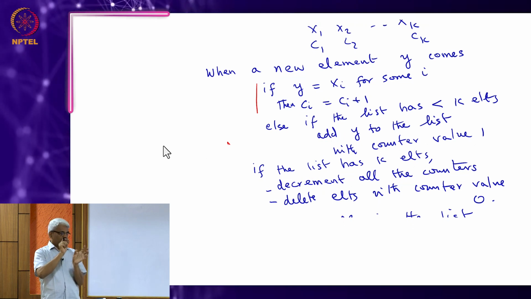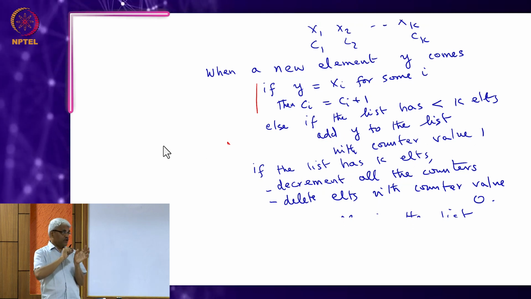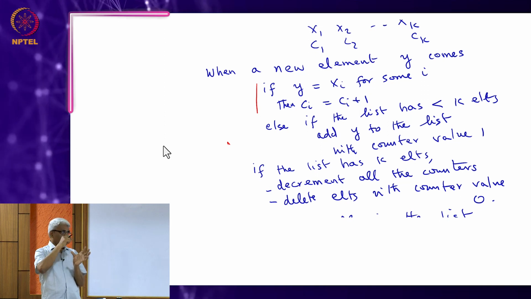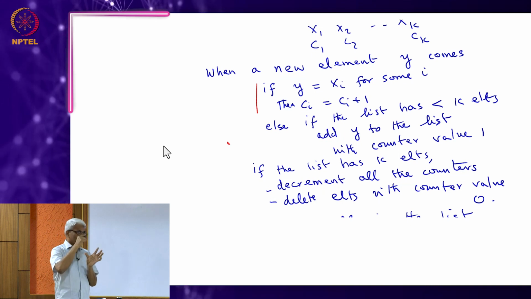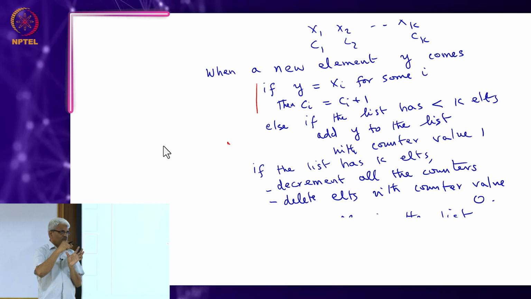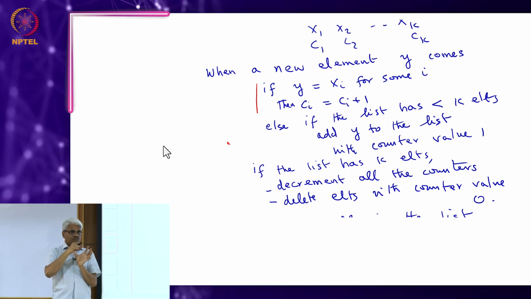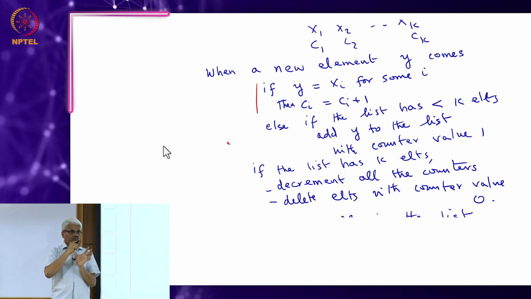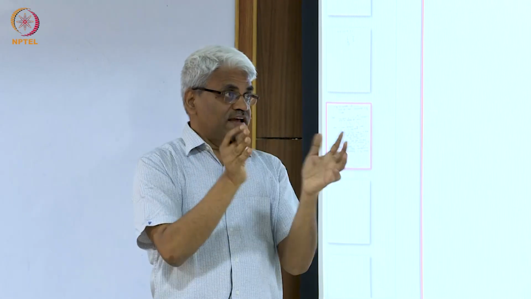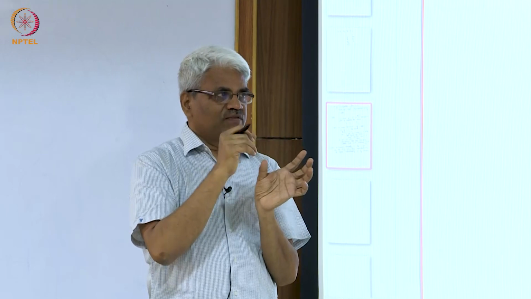If y is not equal to any of the xi's and there is space, then I have to insert it. But in a sorted array, how much time does it take to insert it? O of n, right? So in this case it's k, so it will be order k.